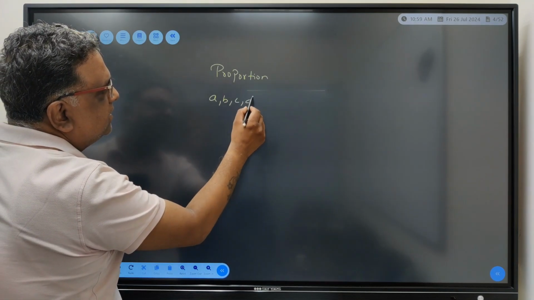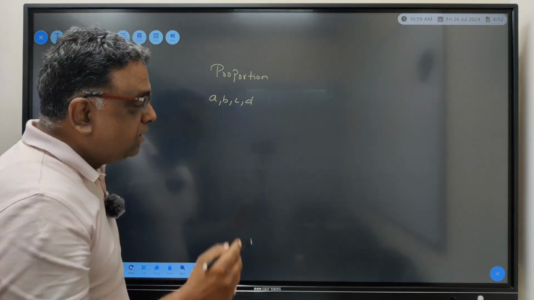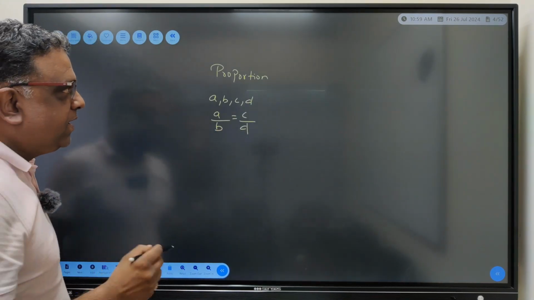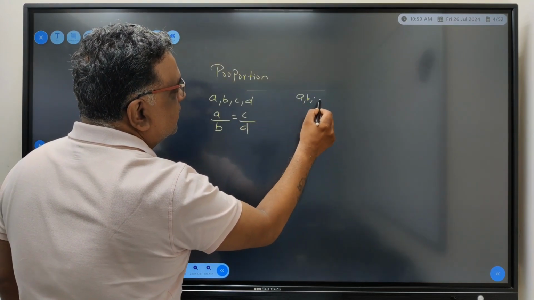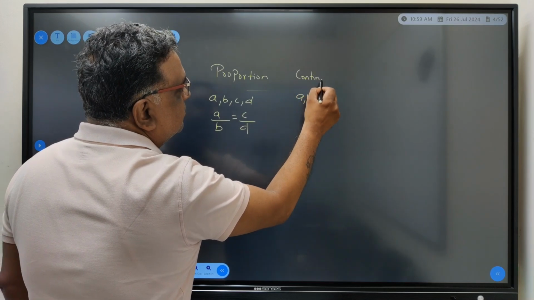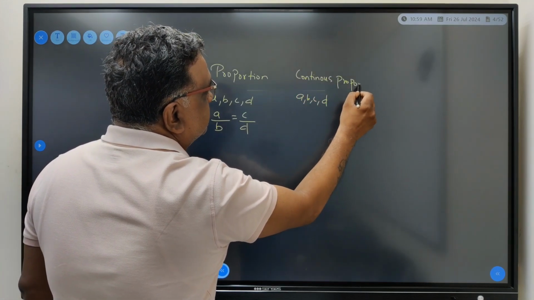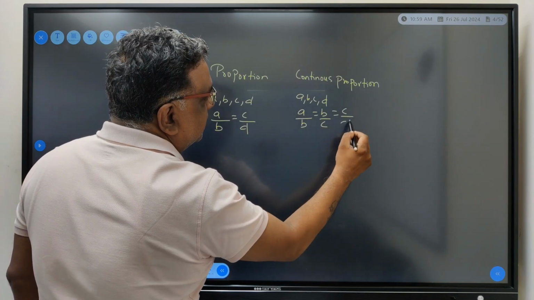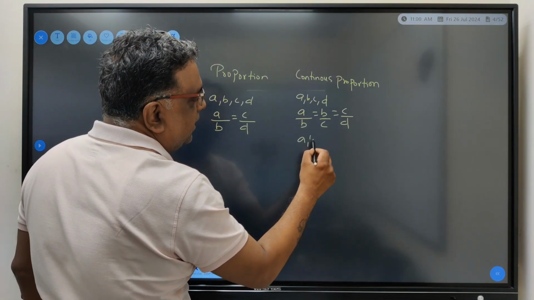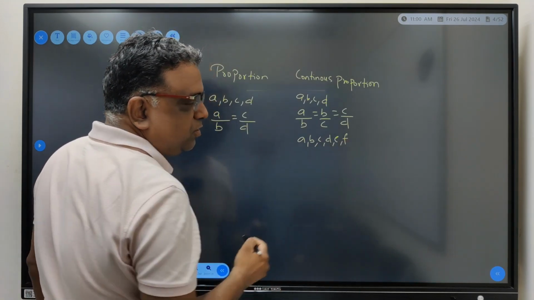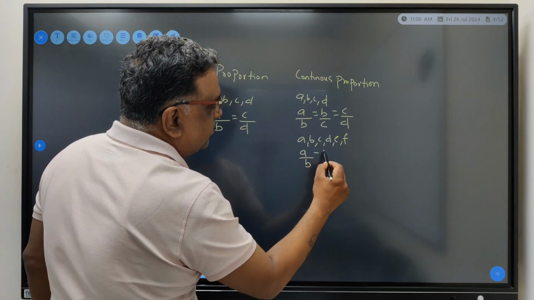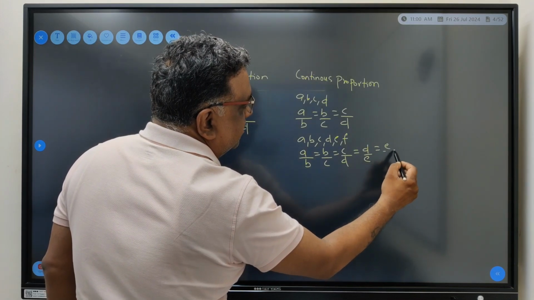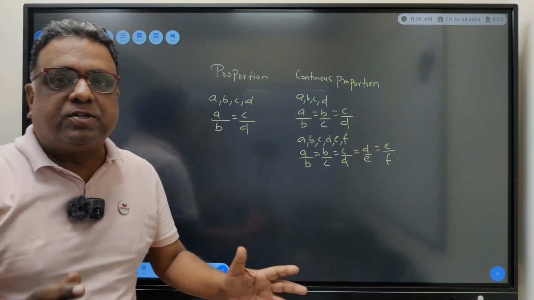When I say A, B, C, D are in proportion, I'm trying to say A upon B is equal to C upon D. When I say A, B, C, D are in continuous proportion, I mean A by B is equal to B by C equal to C by D. If someone says A, B, C, D, E, F are in continuous proportion, they are saying A upon B is B upon C is C upon D is D upon E equals E upon F. That's what we mean by continuous proportion.